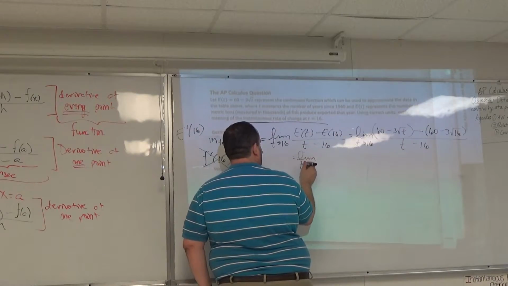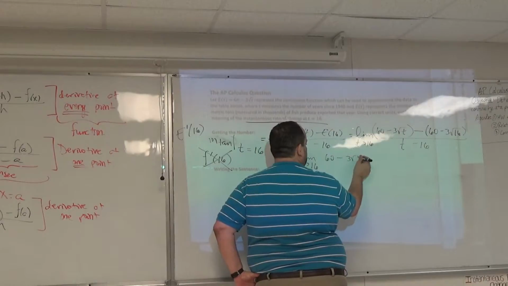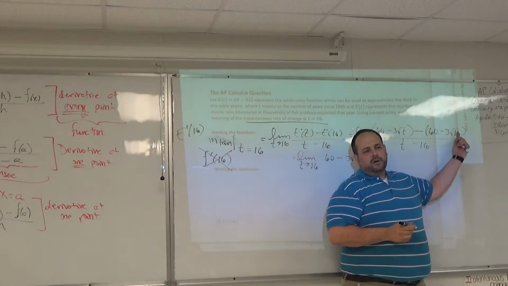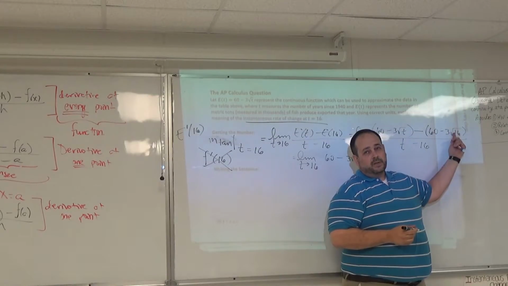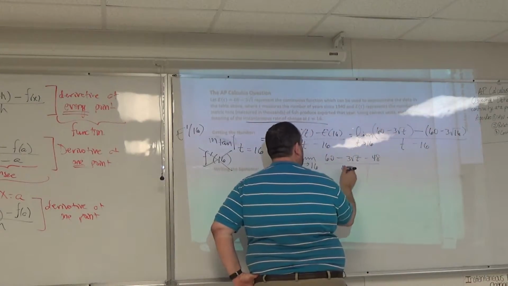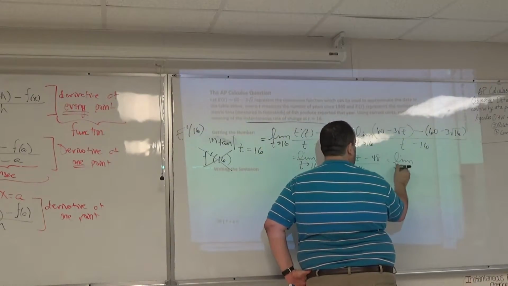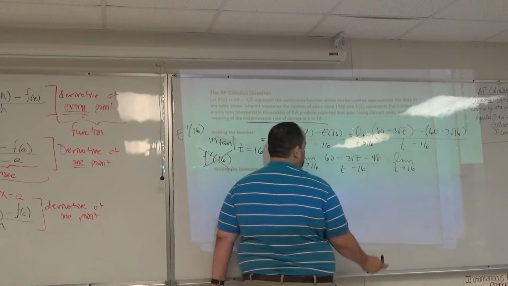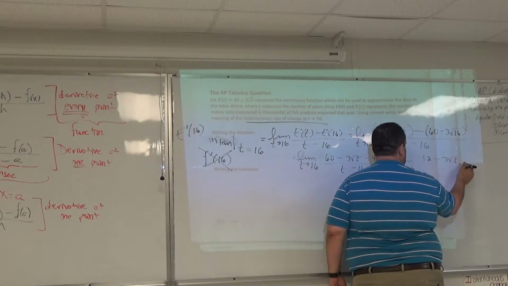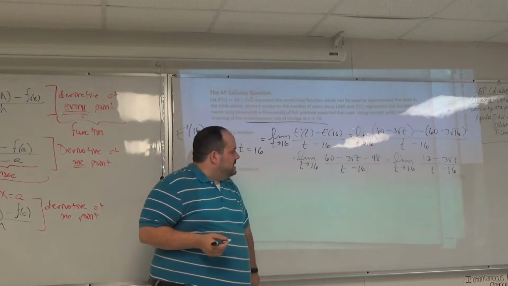Need to simplify. 60 minus 3 square roots of t. Square root of 16 is 4, times 3 is 12. Subtract that from 60, what is that, 48? Yes. Okay. I like that. Gotta keep going. Limit as t approaches 16 of 60 minus 48, 12 minus 3 square roots of t, over t minus 16.